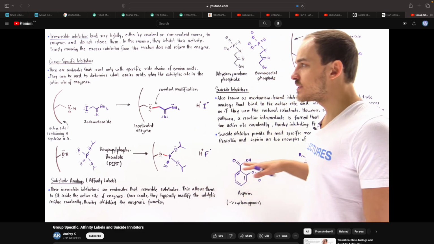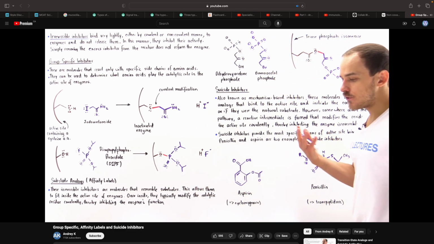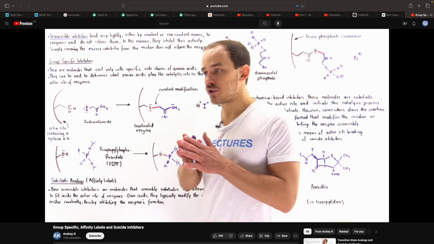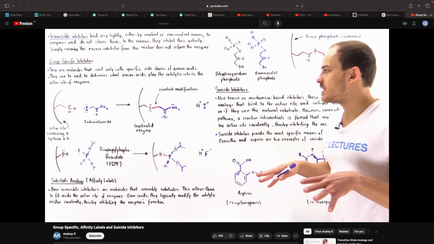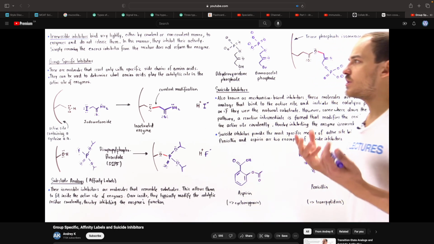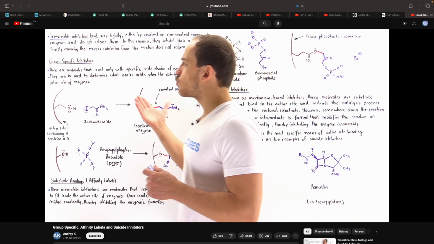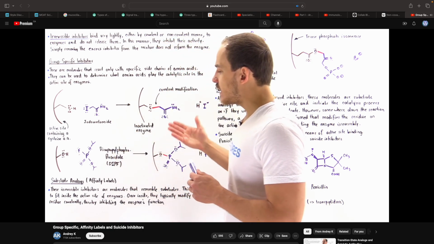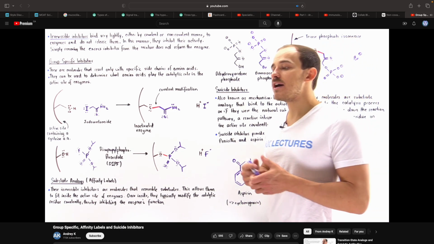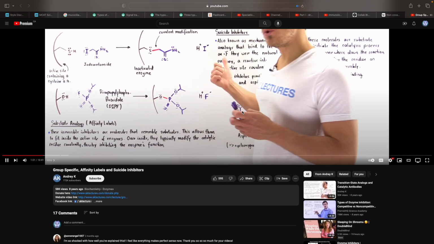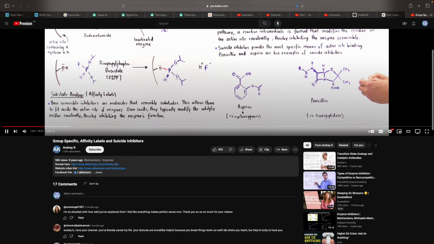So all the different types of irreversible inhibitors that we have in nature and that we can synthesize in a lab can basically be categorized into three different groups. We have group-specific inhibitors, we have substrate analogs, also known as affinity labels, and we have suicide inhibitors, also known as mechanism-based inhibitors.